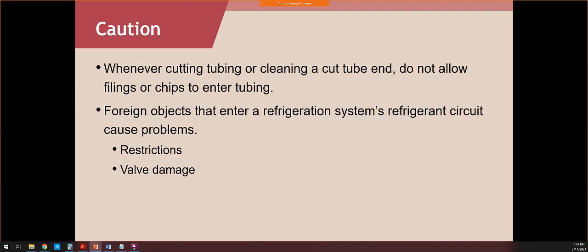If they do, now all of a sudden they can become part of the system and they can plug up some type of orifice in there, whether it's a piston or one of the tubes inside the evaporator. Who knows? There are a lot of little nooks and crannies that a piece of copper shaving can hide in a refrigeration system. So it may cause a restriction or even cause valve damage. We want to definitely avoid that at all costs.